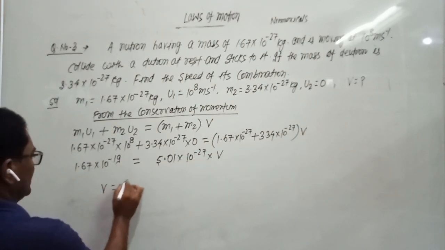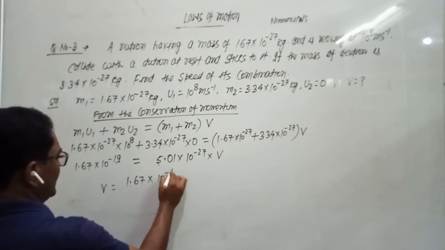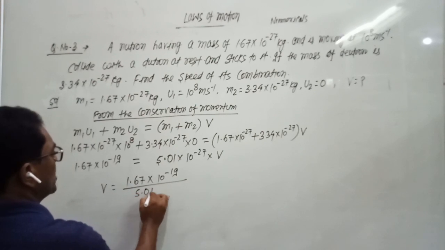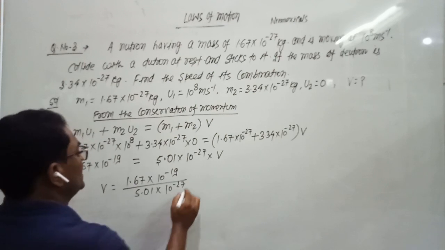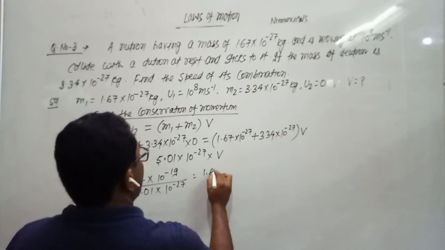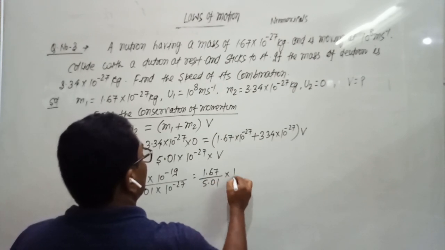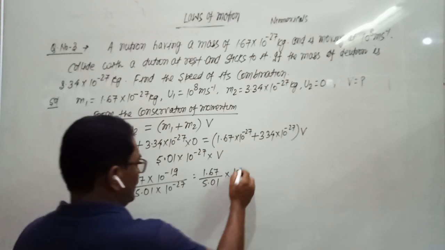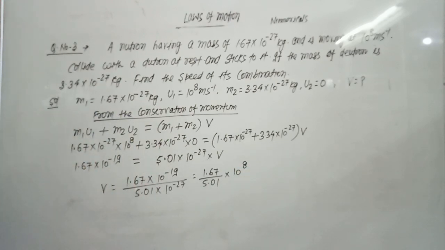So the value of V is 1.67 × 10^-19 upon 5.01 × 10^-27. So 1.67 upon 5.01 into 10^(-19+27), it becomes 10^8.